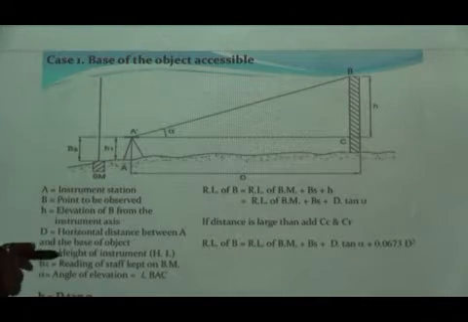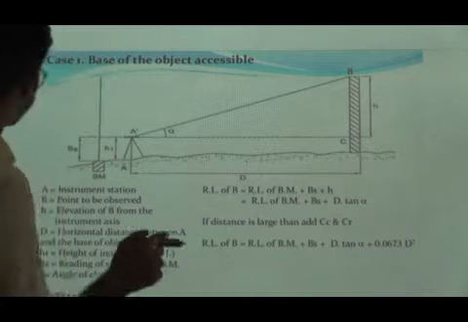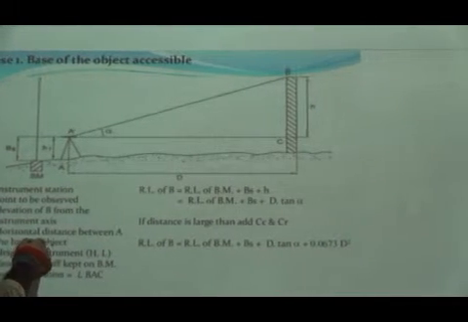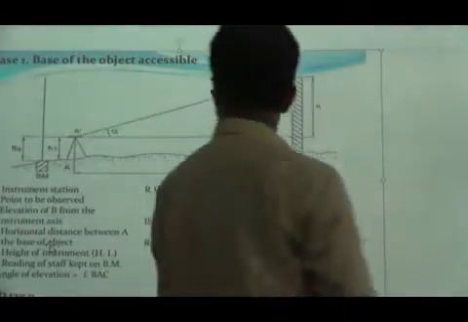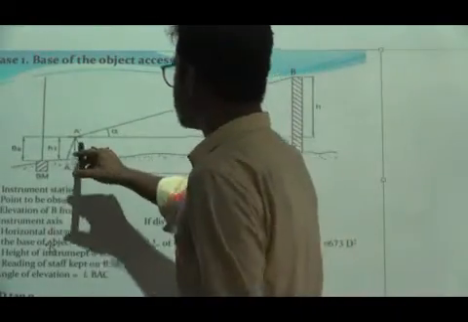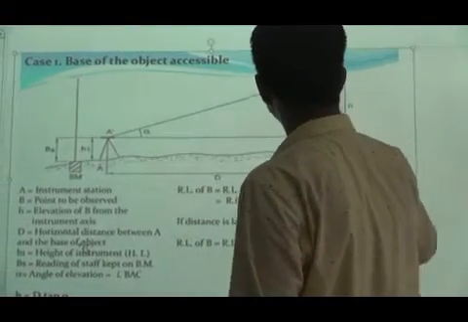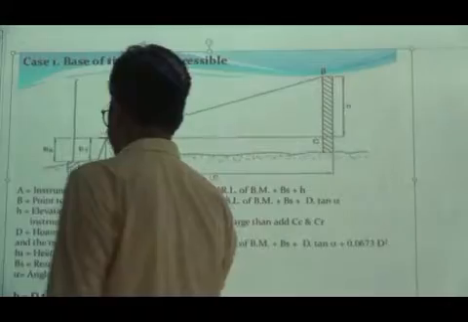For case 1, where the base is accessible, this is based on simple trigonometry. Here is the instrument setup at point A, and we have to measure the height of object B, and we have the BM.